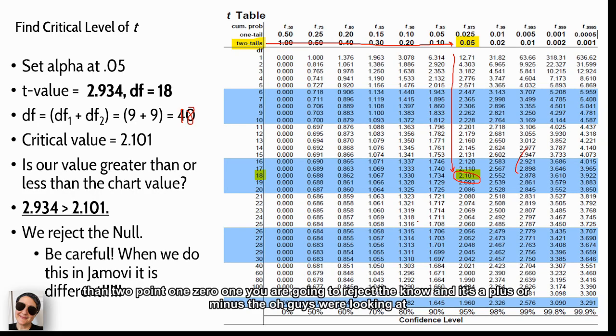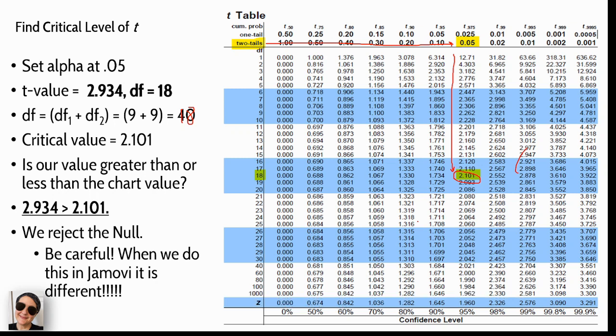And it's a plus or minus deal, guys. We're looking at a two-tailed hypothesis here, so it is going to actually be a plus or minus. So 2.934 is greater than 2.101.